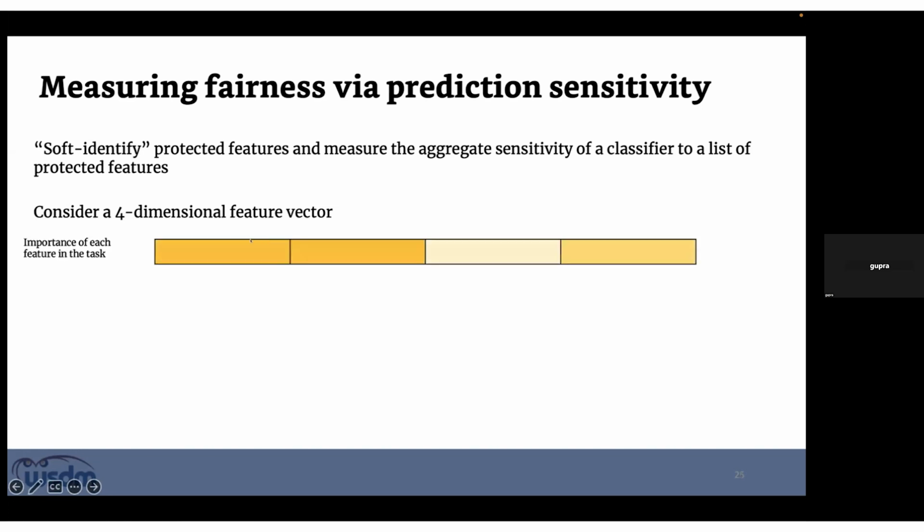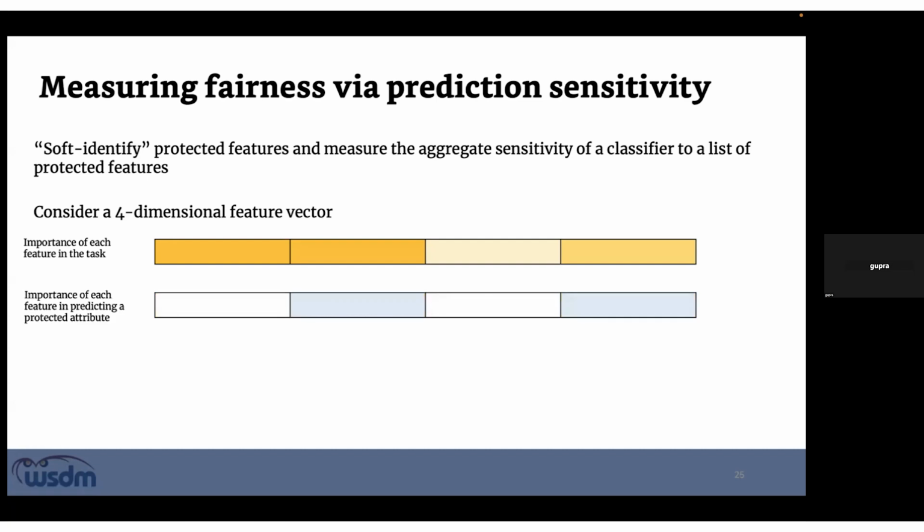There could be an importance attributed to each of these features in decision making. Given a data point and a four-dimensional feature vector, one could say the first and the second feature are really important in making the decision for that data point, but the third one is not as important. The brightness of the color depicts how important the feature was in making the decision for the task.